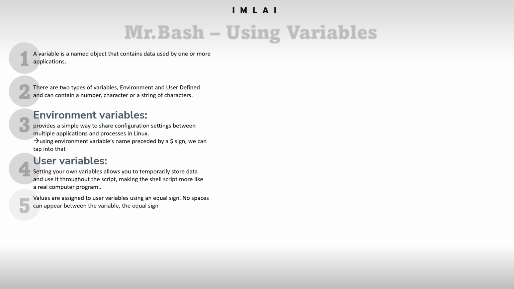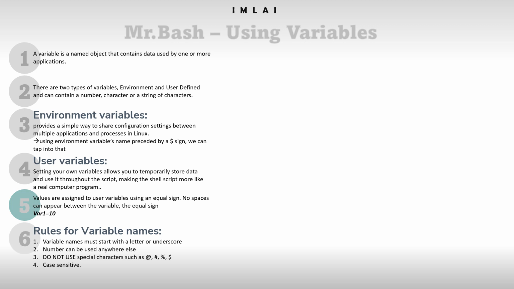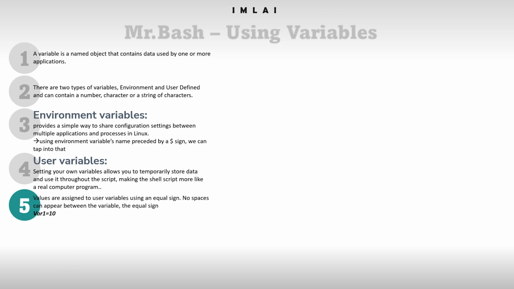So an example you can see is variable1 with no space, equal with no space, and the value that has been assigned to that variable1, all without any spaces. If there is a space, Linux will consider it in a different way. So that's why don't give space.